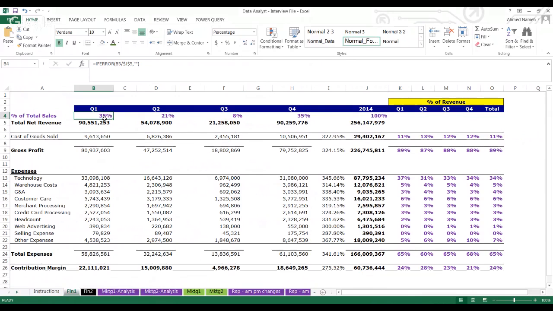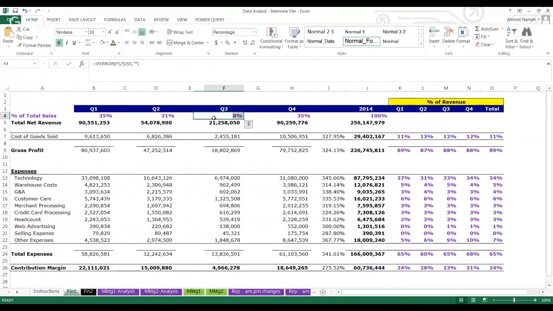As you can see, in quarter 1 and in quarter 4, about 70% of the sales are accumulated. There's a drop off in Q2 and Q3, where the total between the two is 30%.